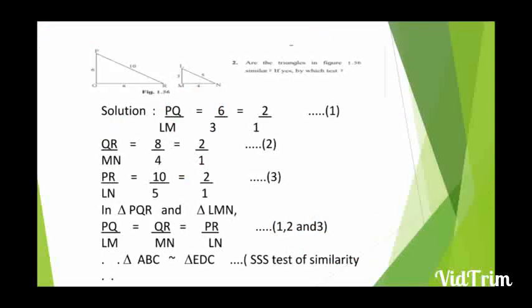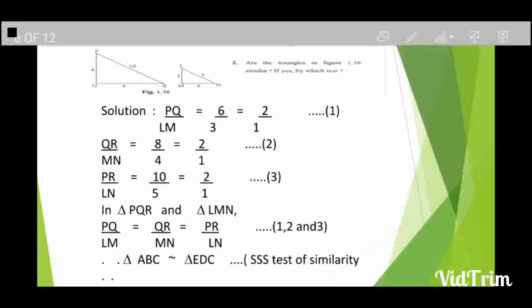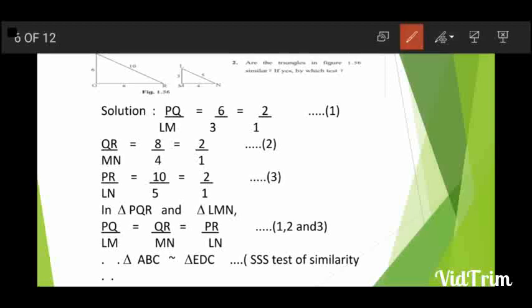In question number 2, see what they have given. They have given the lengths of three sides and we are asked to find whether the triangles are similar. Since three sides are given, we can choose the SSS test. We can try to show the triangles are similar by this test. Let's see.